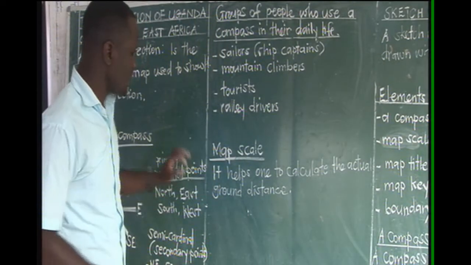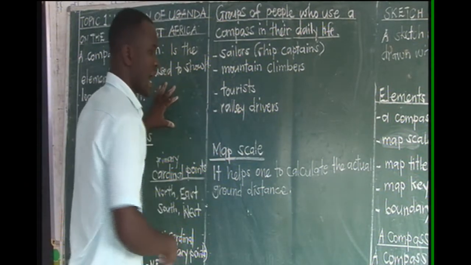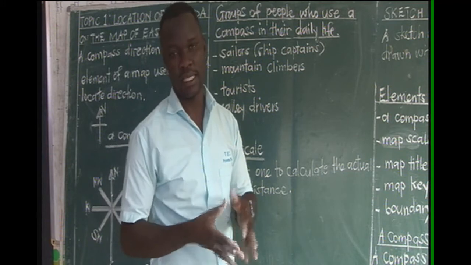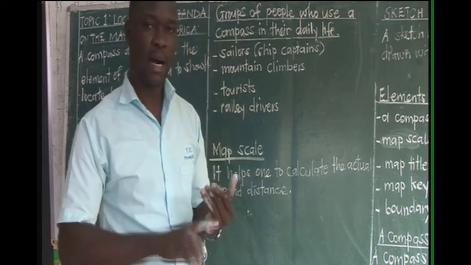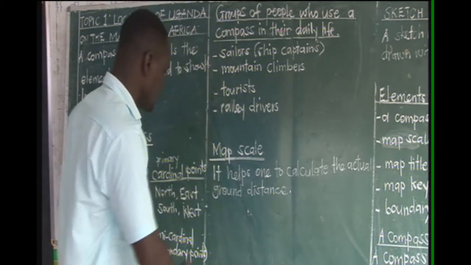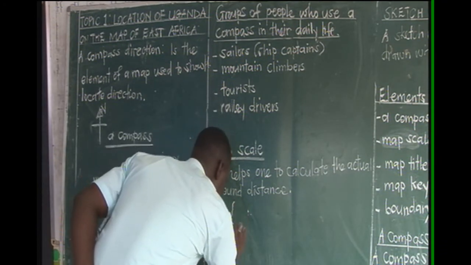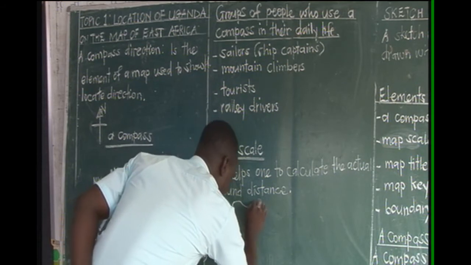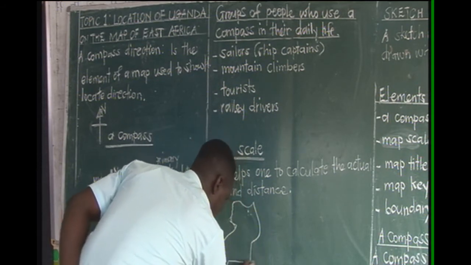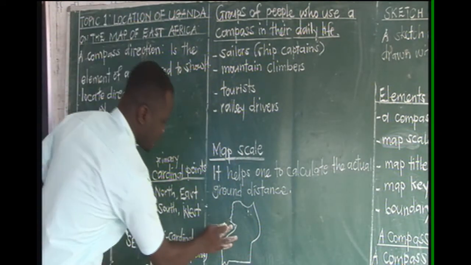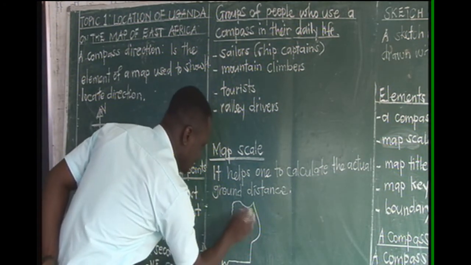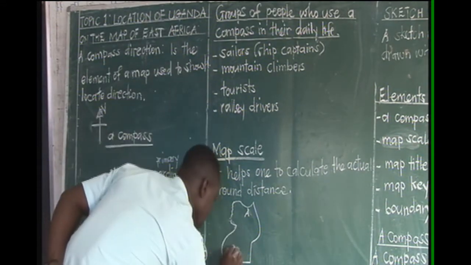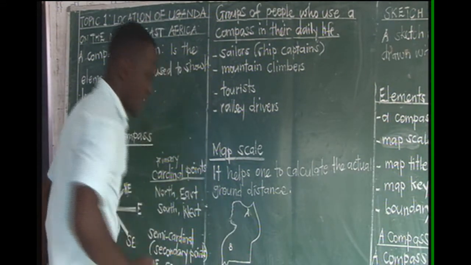Now, for us to be able to calculate the actual ground distance, there must be map distance given. There should be the map distance, which means that if we are having, for example, a map of Uganda here, and in this map we are having point A, and then point B. I hope you are seeing it well.